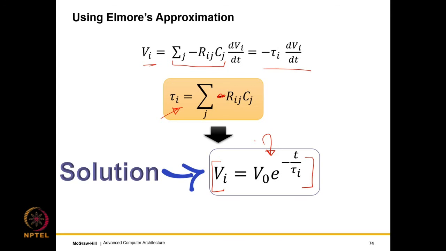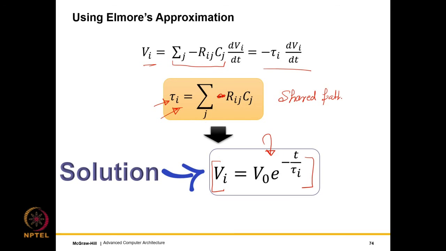The solution of the RC tree does rely on Elmore's approximation to a large extent, and Elmore's approximation again uses this formula: tau i is equal to the summation of Rij Cj, which comes out from our basic analysis of the shared path in the tree.